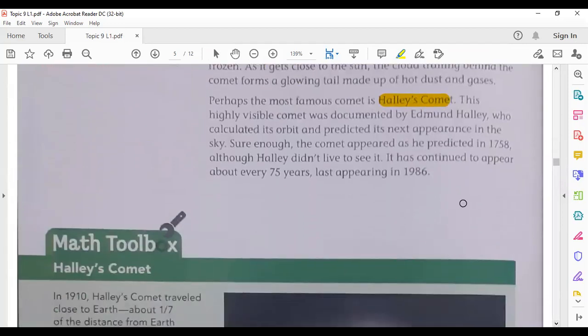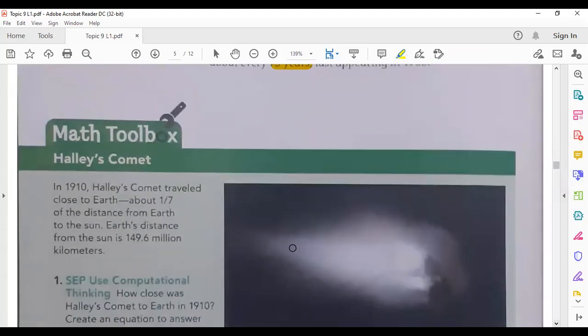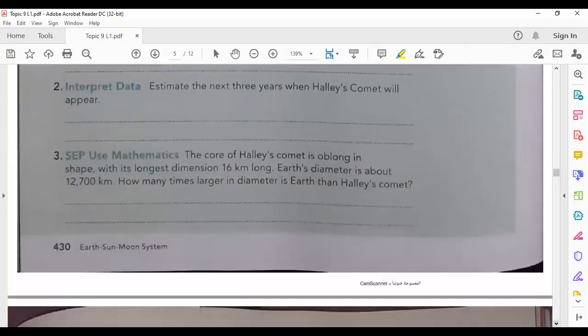Some comets, like Halley's comet, appear about every 75 years. For example, in 1910 Halley's comet traveled close to the earth. It is normal that comets take a long time to appear in the sky.